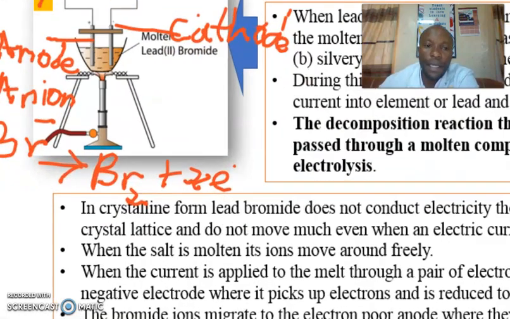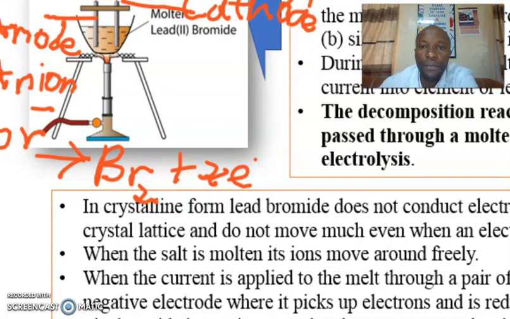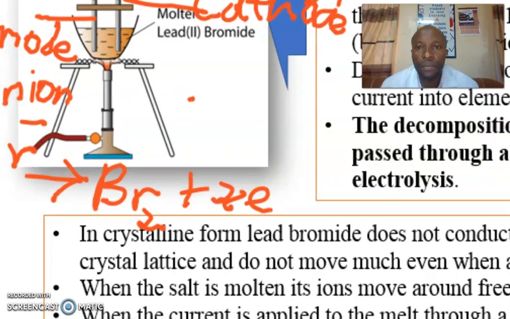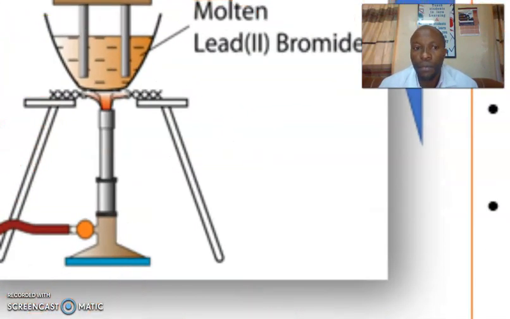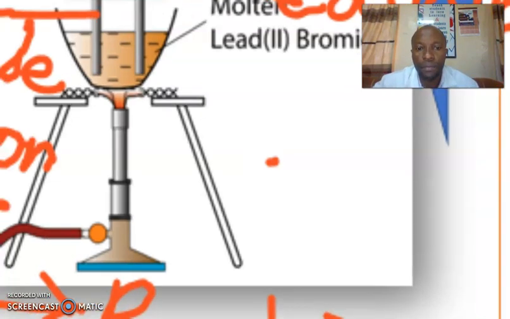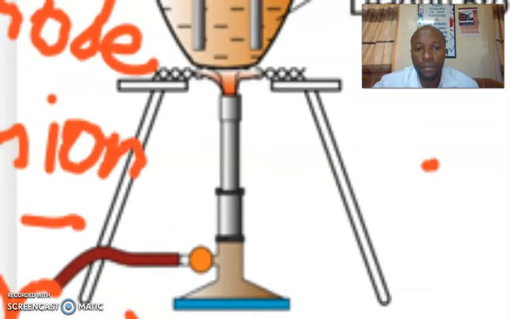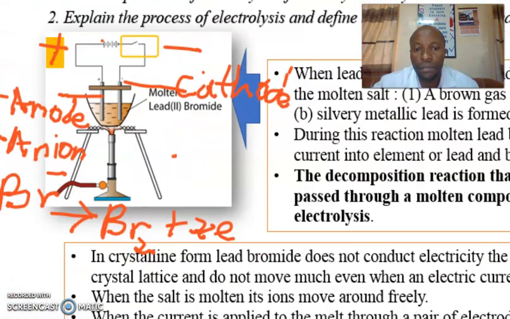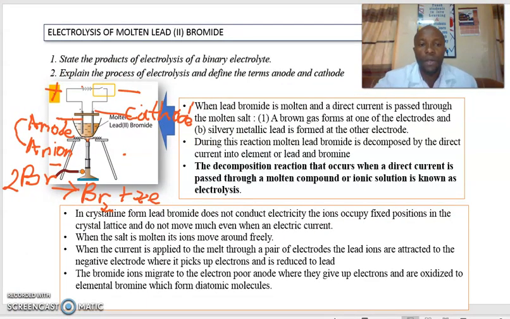Now these two electrons will flow, because there is a cell here which drives the electrons.